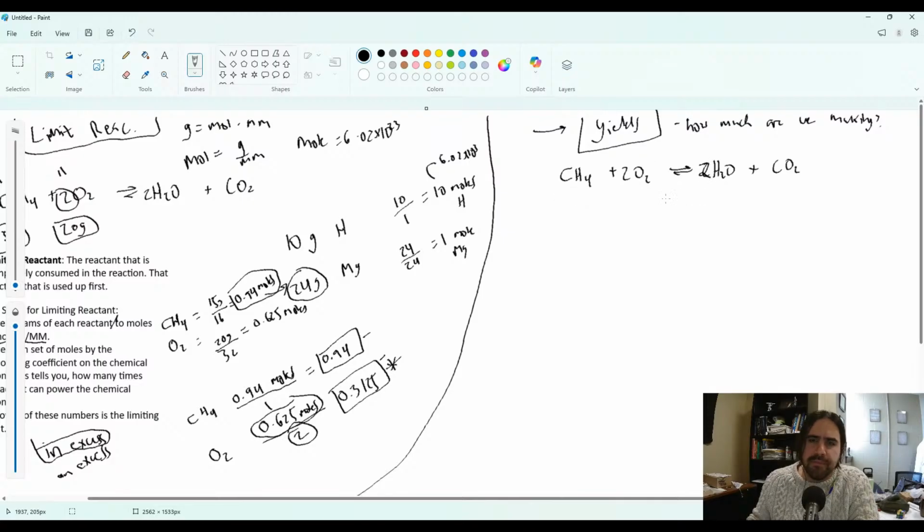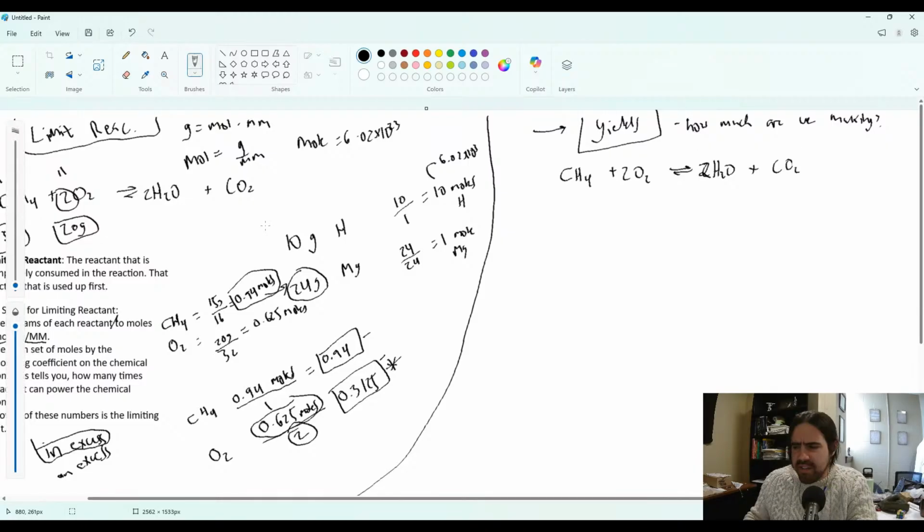Let's say that I plugged in a certain amount of grams of methane. Then the yield question would be, if I've plugged in X amount of grams of methane, how many grams of CO2 am I going to get out the other side? That seems like a pretty logical question, especially in the context of chemistry.